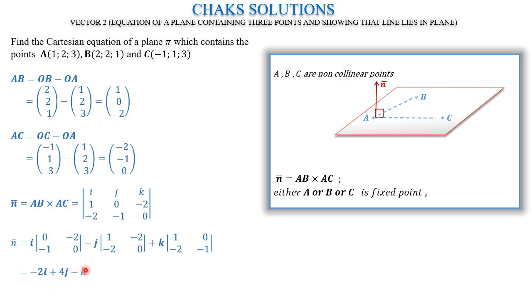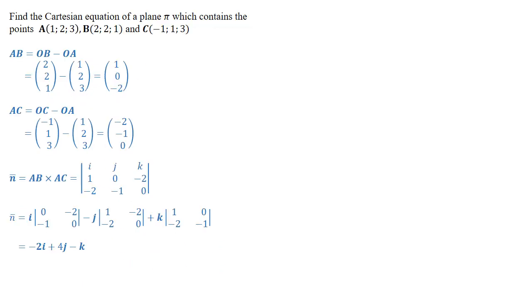Now, to write the equation of a plane, we have the normal vector, and we also need a fixed point in the plane. For the fixed point, you can take A, B, or C. We are going to use the equation of a plane, which is r dot normal equals A dot normal.